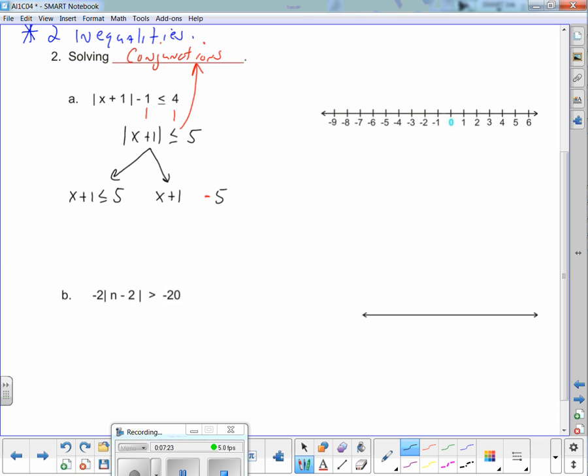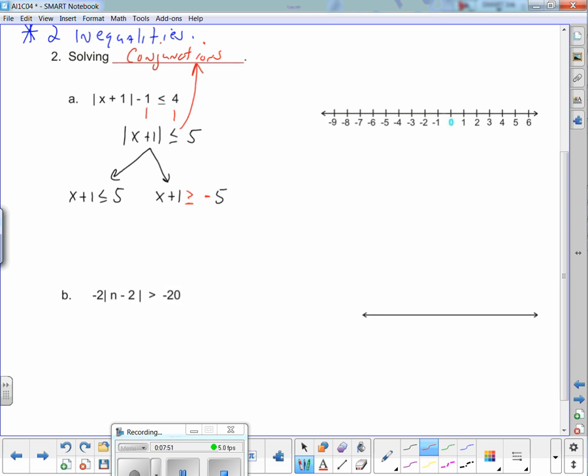The book's method, you have to remember to do it. You have to remember when you stick the negative on the other side to also reverse the inequality symbol. You can think of it as multiplying by a negative, and that might help you to remember to reverse the inequality symbol. But that's the way to get the second inequality. So let me finish this method, and then I'll show you the other way of thinking, okay?